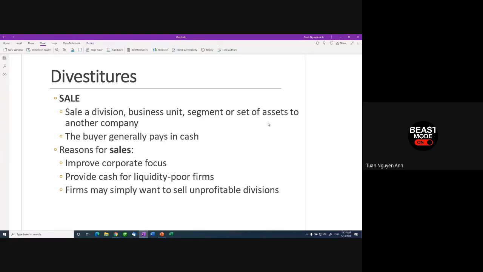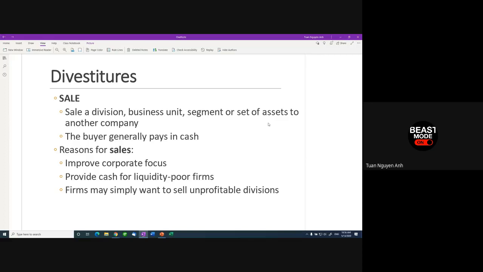And now we talk about the inverse way of the merger and acquisition. In the merger and acquisition, we merge two companies, and here we split our company, and we call it divestiture. The first form of divestiture is sales.